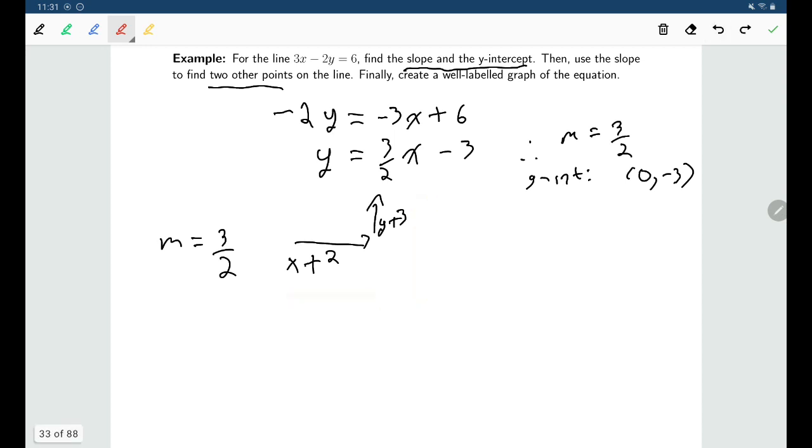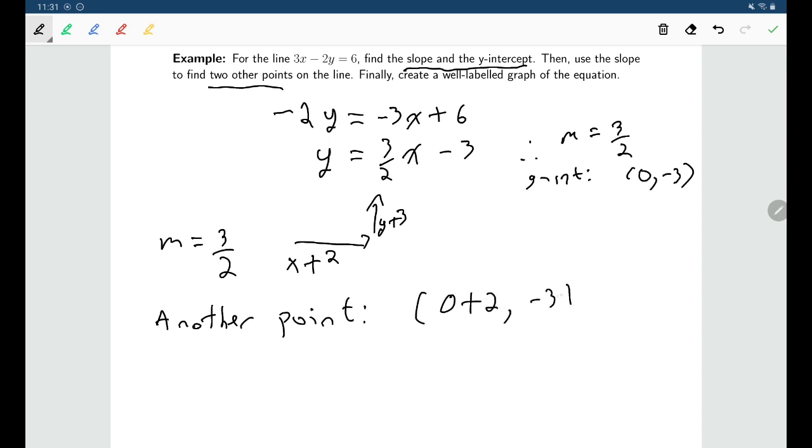So for a second point that we have, one of our points is 0, -3. Another point we can find by taking that y-intercept and adding 2 to the x value and adding 3 to the y value. In other words, we'll have now the point 2, 0.